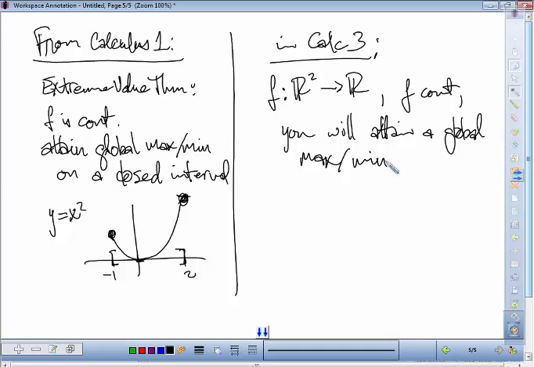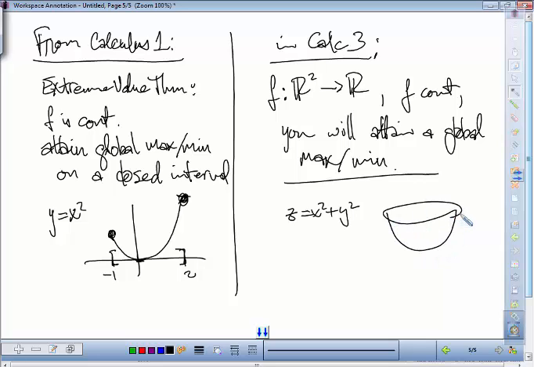So a simple example that they have would be a paraboloid. If you have a paraboloid, technically this paraboloid can go on forever, right?